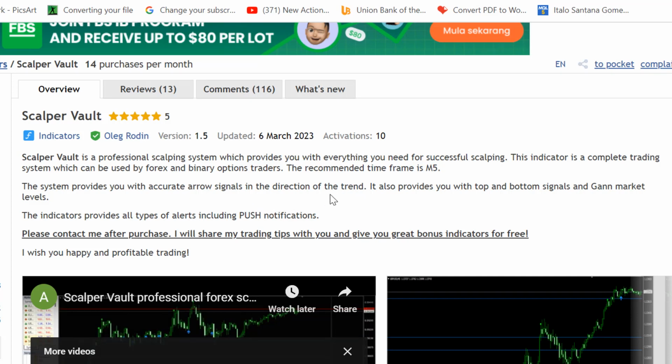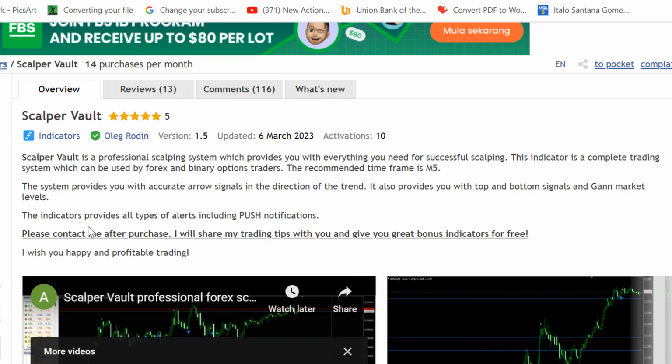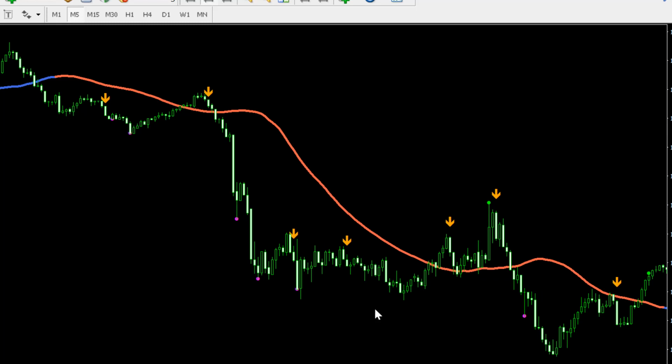It contains a trend line which is very useful. It also provides you with top and bottom signals and gun market levels. It also provides push notifications. Now let's go back to the trend line.